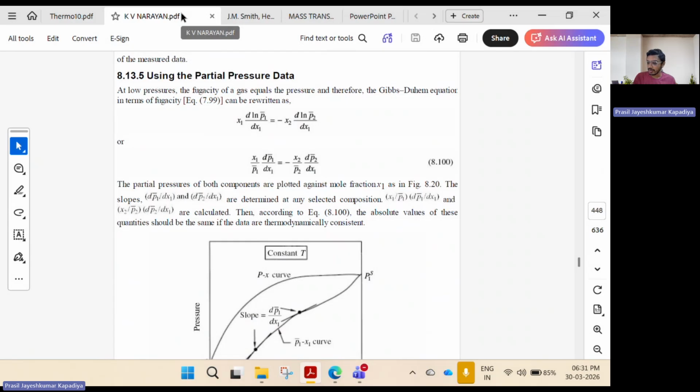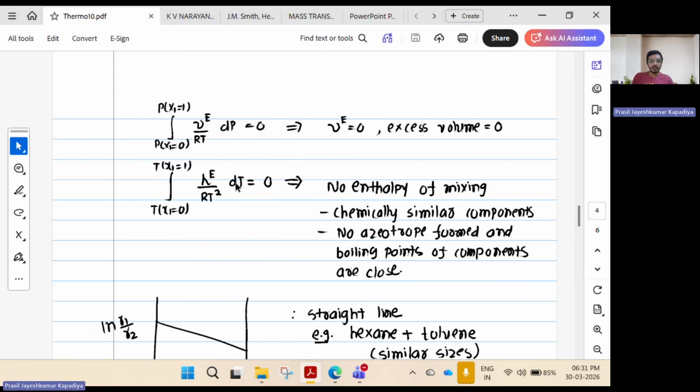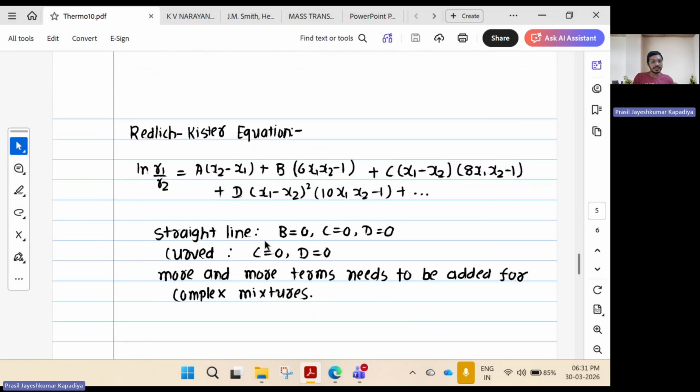Now let's move ahead. Here we know ln gamma 1 by gamma 2 from the Redlich-Kister equation has this kind of formula. When ln gamma 1 by gamma 2 versus x1 is a straight line, when can we get that?